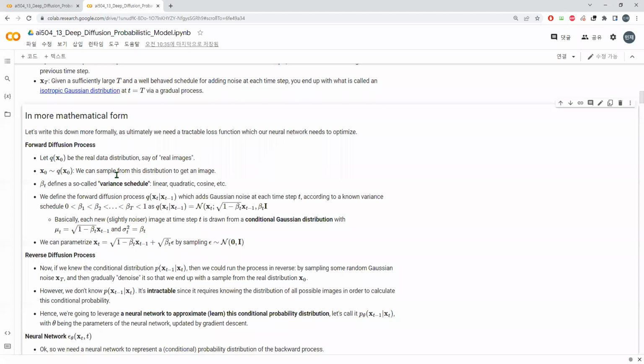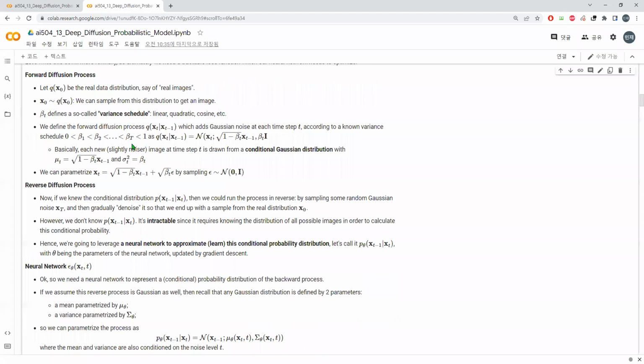More mathematically speaking, we can sample x0 from the real data distribution q(x0). We can sample by this notation. Sample a real image from the real data distribution q(x0).